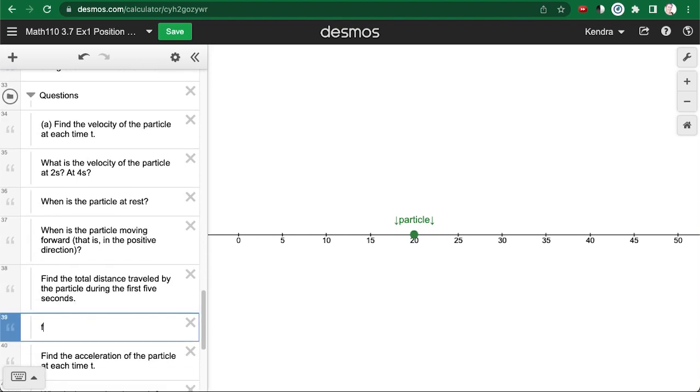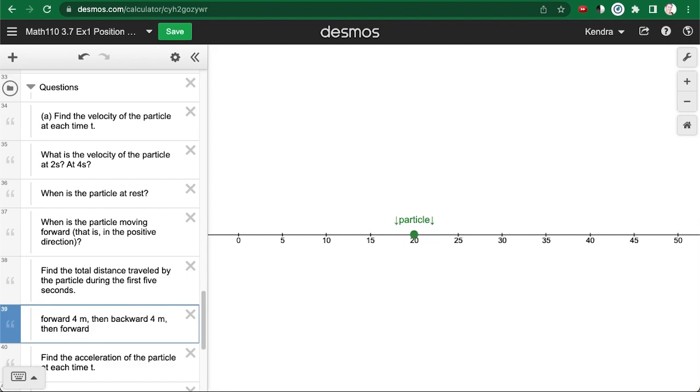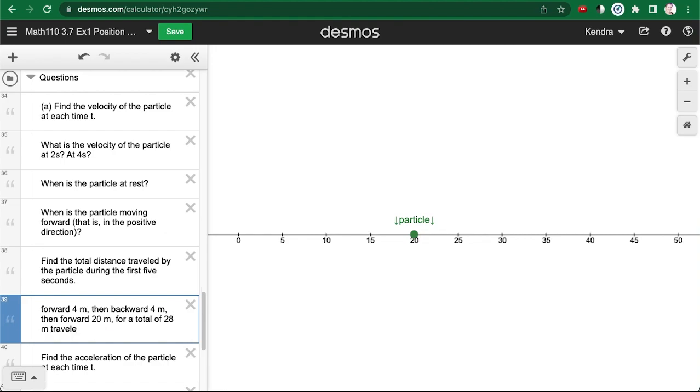So you can actually answer that question. So we go forward 4 meters, then backward 4 meters, then forward 20 meters for a total of 28 meters traveled. So the total displacement is 20 meters.